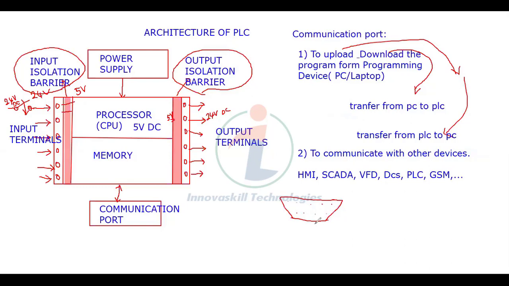Mostly this will be called DB. If it has 9 terminals, it will be called DB9. Next we have DB15 with 15 terminals. Next, DB25 is also there in some PLCs.